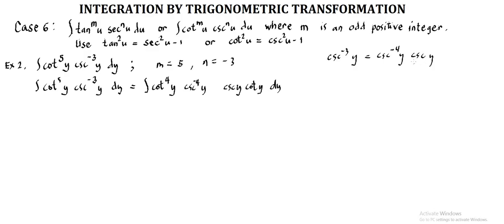So, pag nilabas natin itong cosecant of y, ang matitira sa cosecant to the negative 3 of y ay itong cosecant to the negative 4 of y.